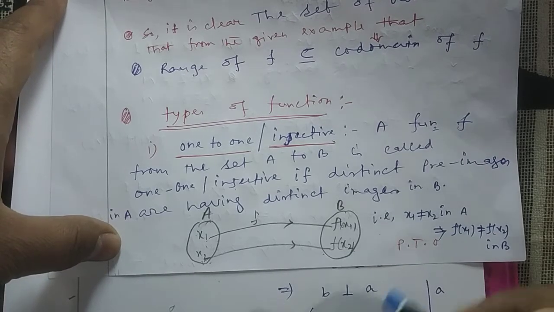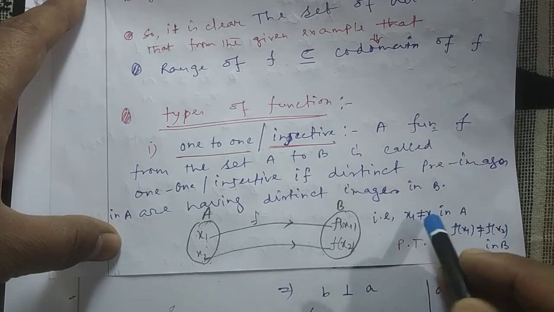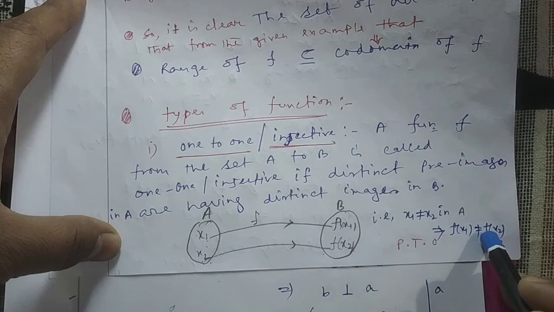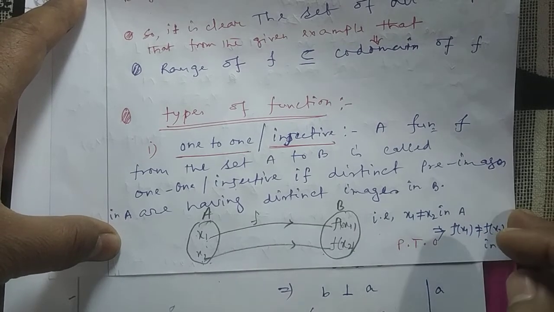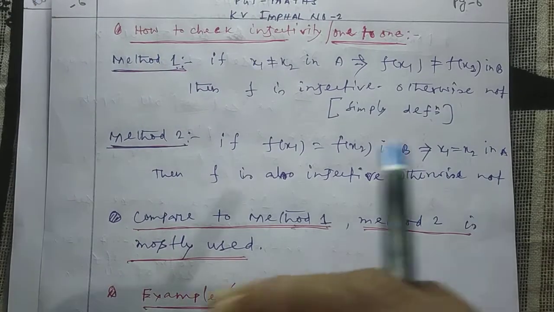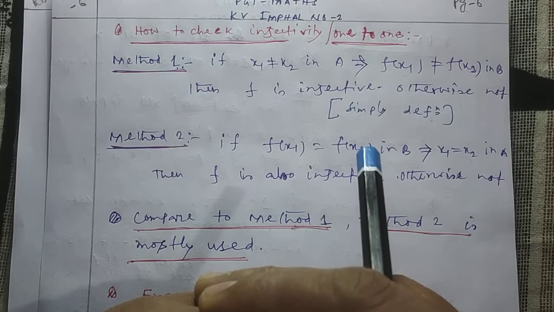Understood? In total we can say, if somehow we can check x1 not equal to x2 in A, implying that simply f(x1) not equal to f(x2) also in B, then f will be injective or one-to-one. But it was the simple definition. But how to check theoretically?